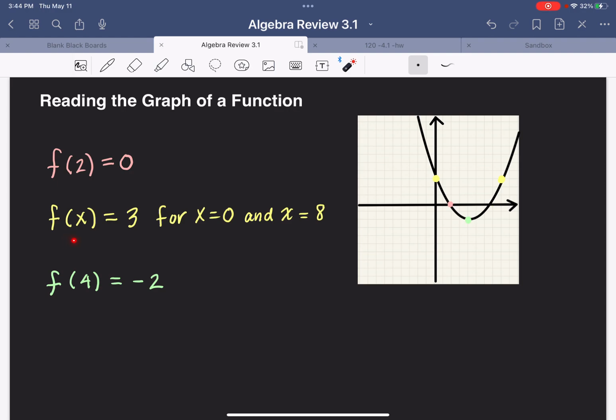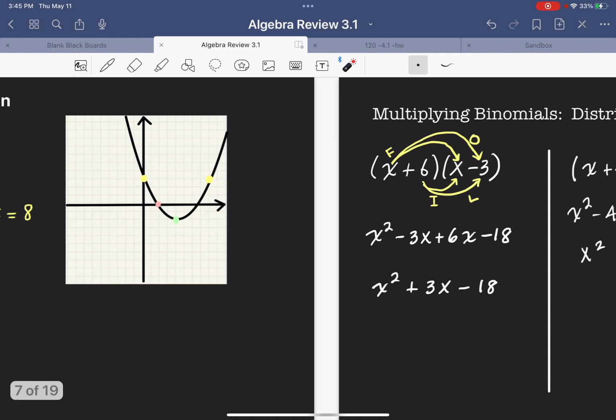So we can say f of x equals 3 for x equals 0 and x equals 8. And lastly, we have f of 4 equals negative 2. So here's 4. That's our input, and our output is down here where y is negative 2.